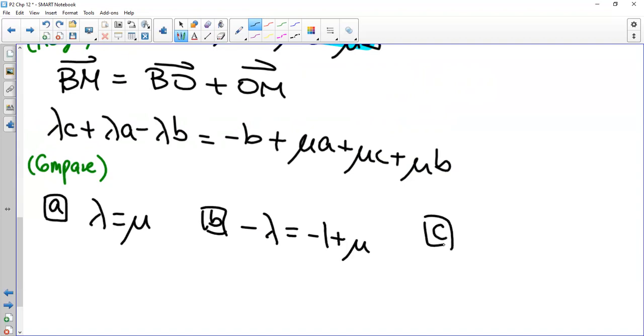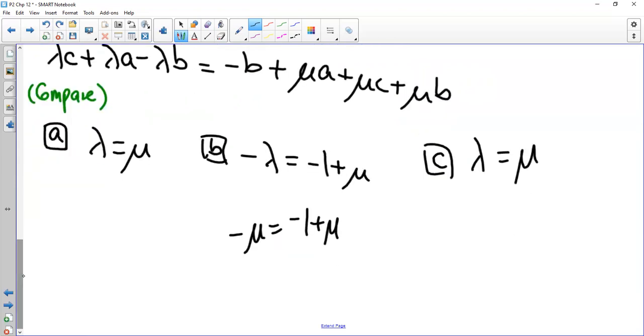But if we compare C, we get lambda equals mu again. Well, there's not much we can do in A and C. We can just put it in B. So minus mu equals minus 1 plus mu. 1 equals 2 mu, mu equals a half. Subsequently, lambda equals a half. Proven.